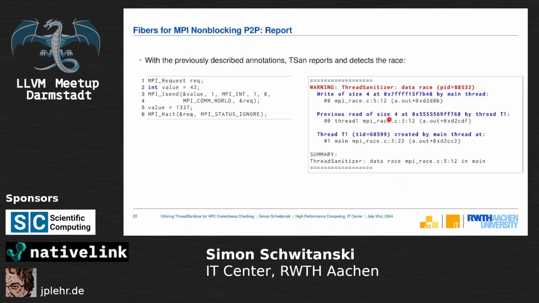Then you will see that you have the data race that is detected by ThreadSanitizer, and it tells you there is the race here in the access in line 5, and we have here the MPI ISEND, the value access. So actually a pretty nice feature to also, although we are single-threaded, detect such races. Okay, great.